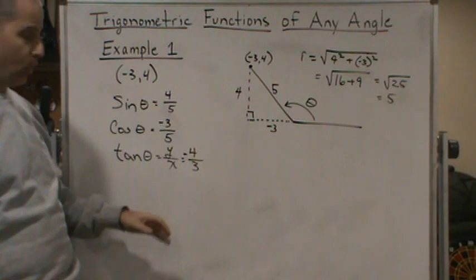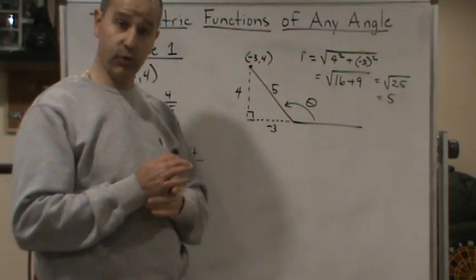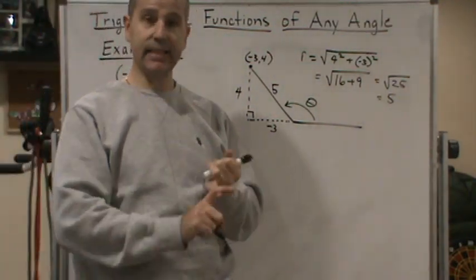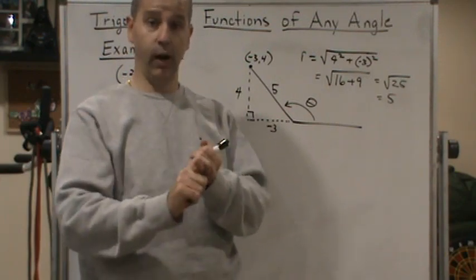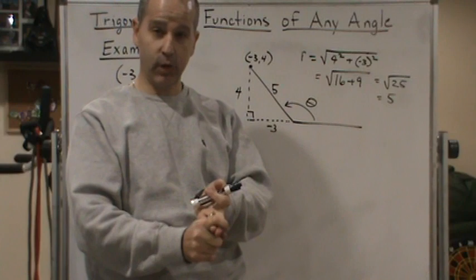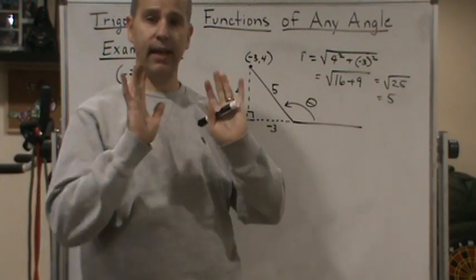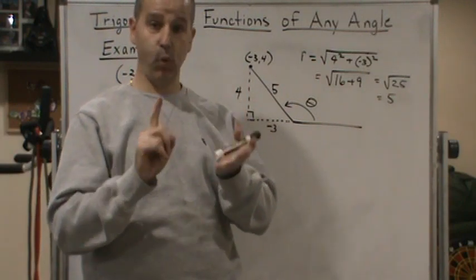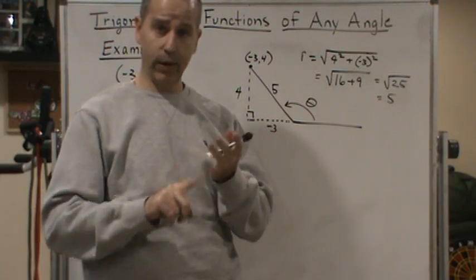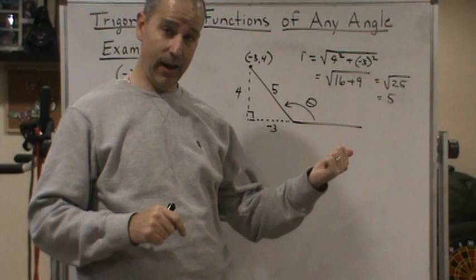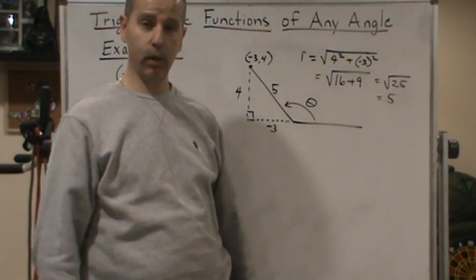As long as I memorize that sine is y over r, cosine is x over r, and tangent is y over x, then I can take any xy point, any xy coordinate, and I can find r, and I can get them all.